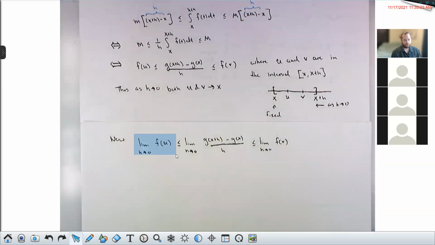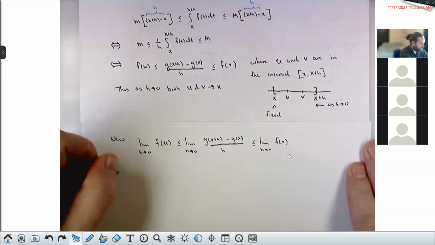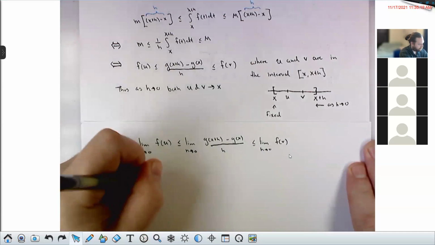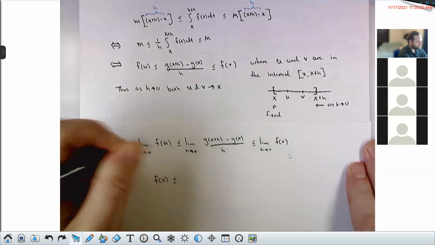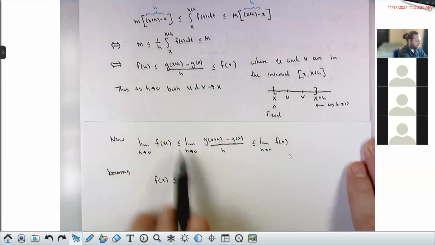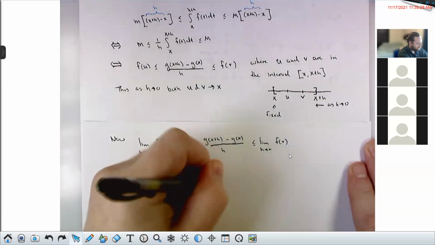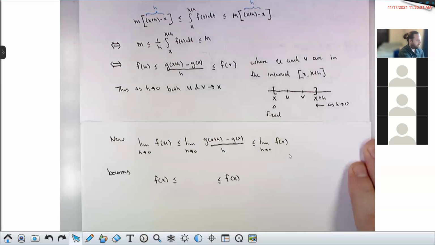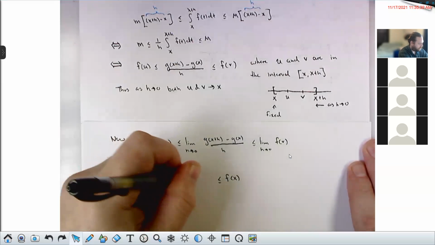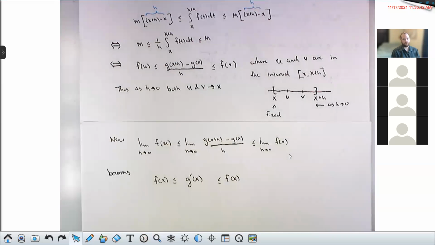The outer guys are both going to the same place. u and v both have to go to x, which means f of u is going to go to f of x, and f of v is going to go to f of x. The squeeze theorem guarantees that if the outer things are the same, then the limit of the inner thing must exist, which would mean that g is differentiable. And by definition, the limit of that thing in the middle is g prime.